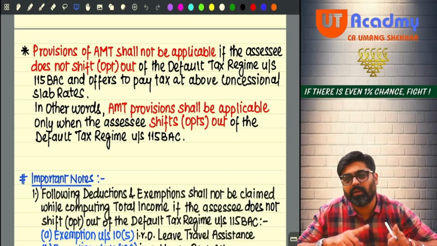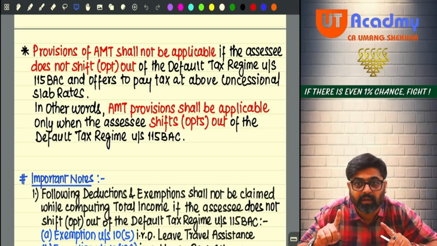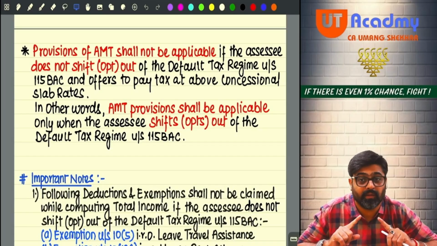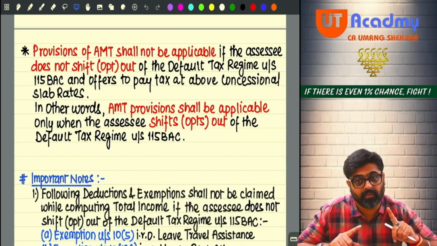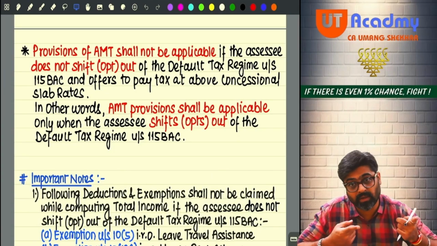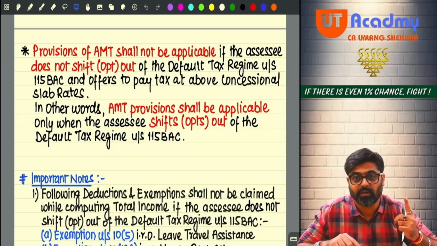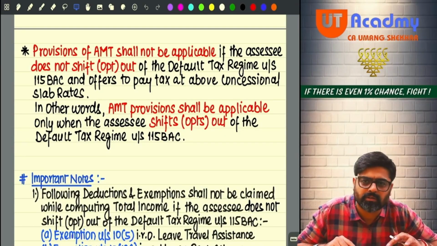You are going to pay more tax only because your total income will be more, and putting you in the trouble of AMT also again will not be good. See, another effort to keep you in 115 BAC. If you will shift out, AMT provisions will be applicable, will charge more tax. If the tax is less, will not charge less tax, will charge more. So you will say, charge, no problem.